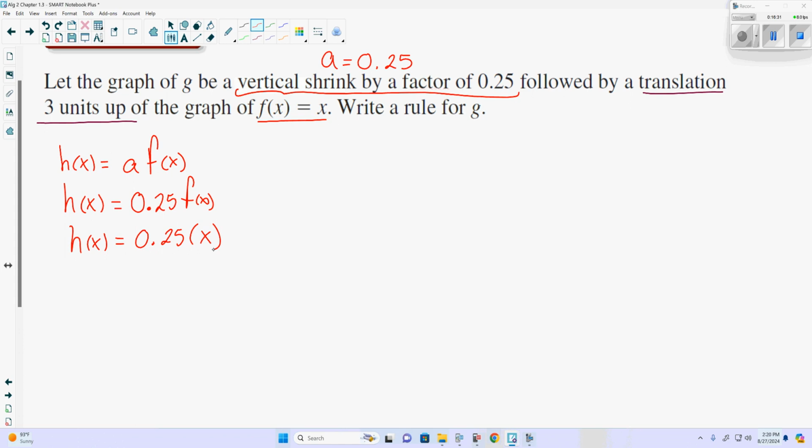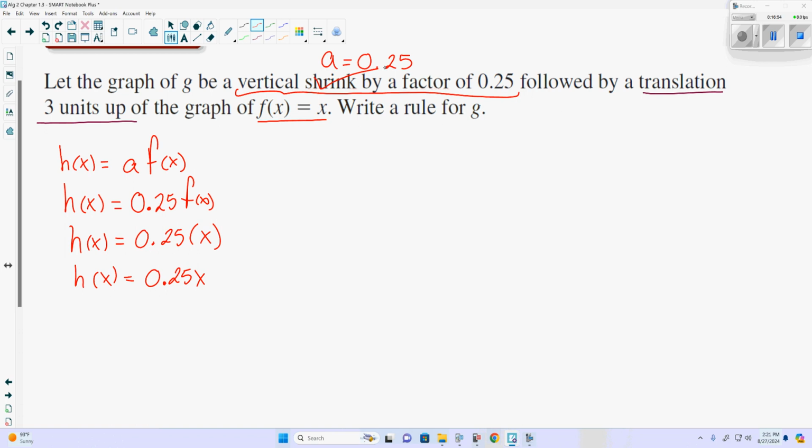We ready for the next step? We multiply them together, yes? And 0.25 times x is 0.25x. Okay, well, vertical shrink by a factor of 0.25 done.